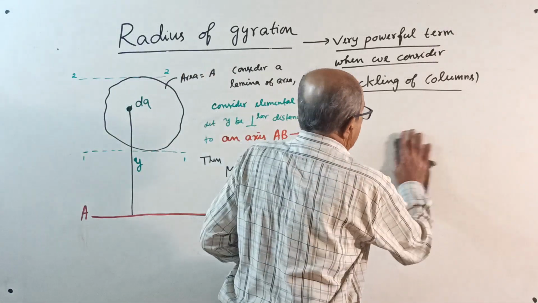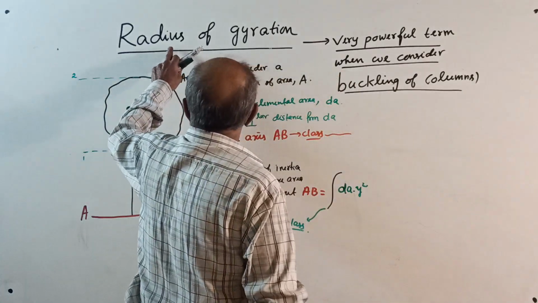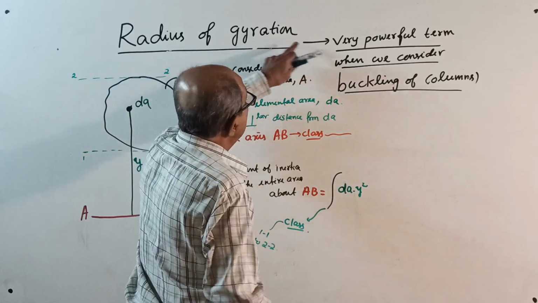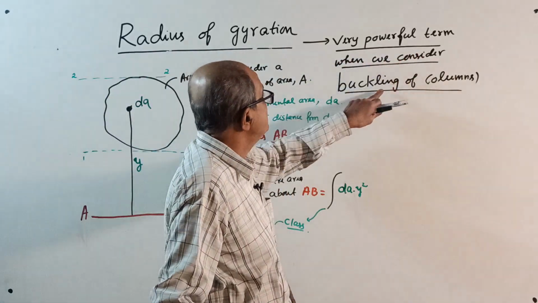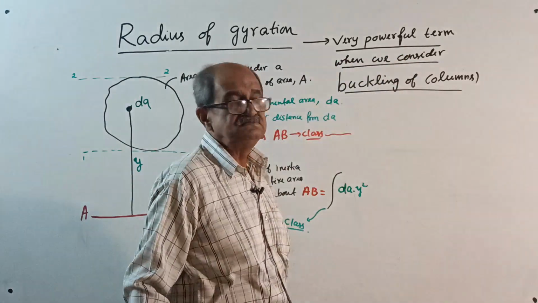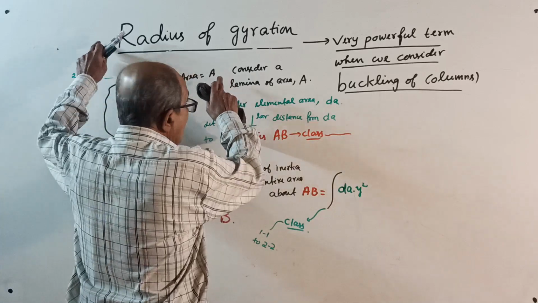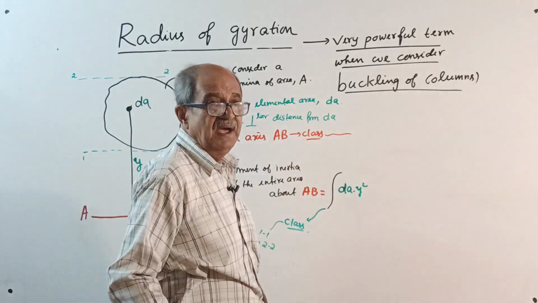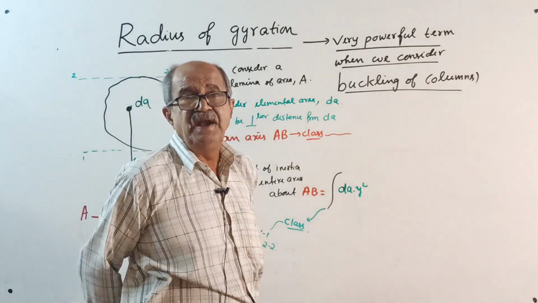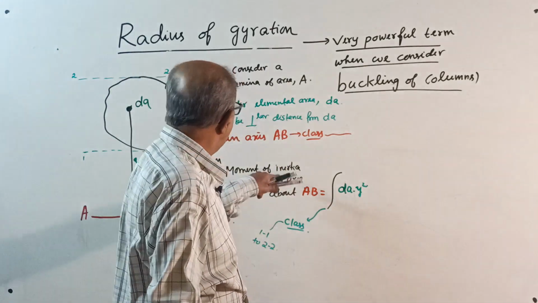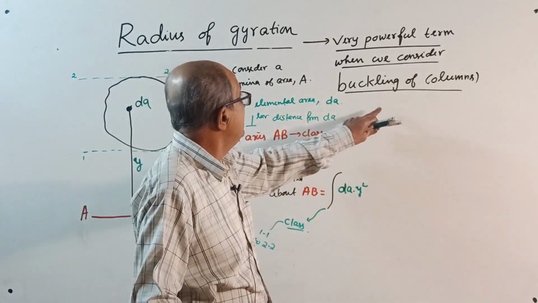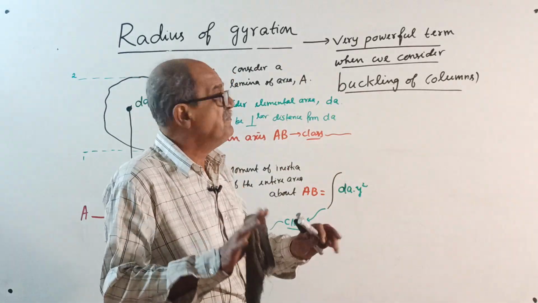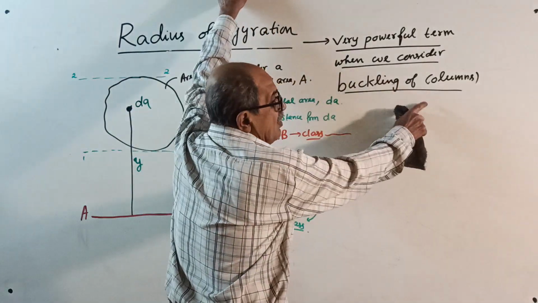Before I start radius of gyration, remember it's a very, very powerful term when we consider buckling of columns. After explaining radius of gyration, I will give a simple example connected with buckling of columns.